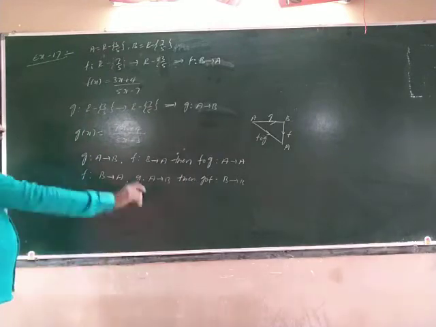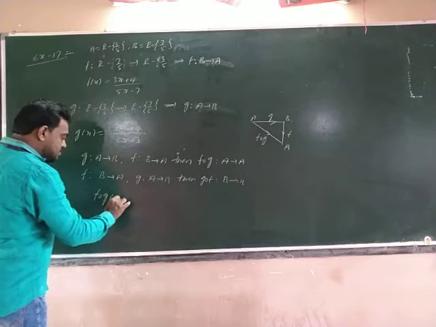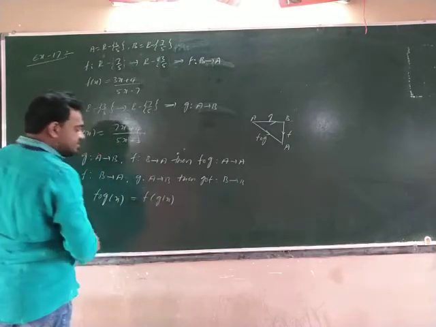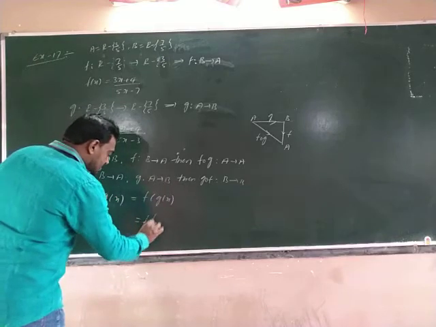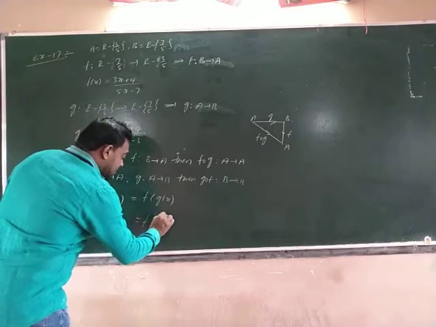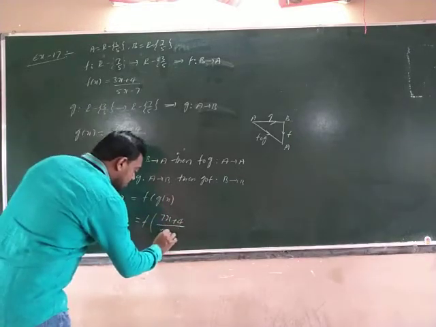First, you find f circle g of x. This is equal to f of g of x. What is the g of x? 7x plus 4 divided by 5x minus 3.